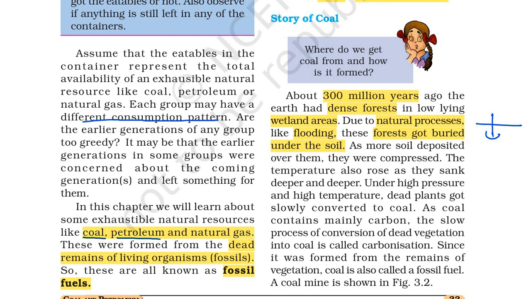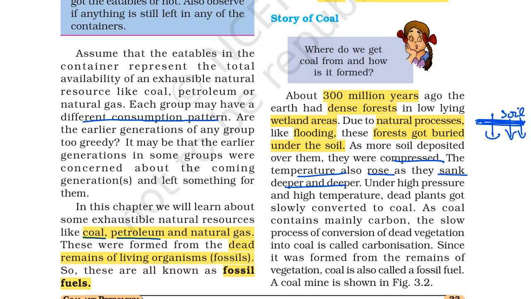As soon as the soil covered that position, it got compressed, and the temperature would rise, and they sank deeper. Here they are trying to explain that the forest got buried under the soil. This is the upper layer of the soil, and most of the things are going inside the soil and are being compressed.